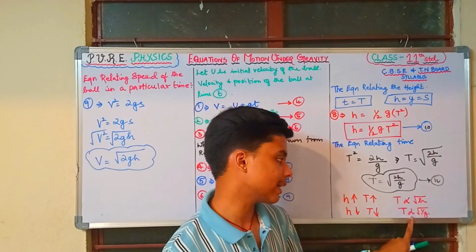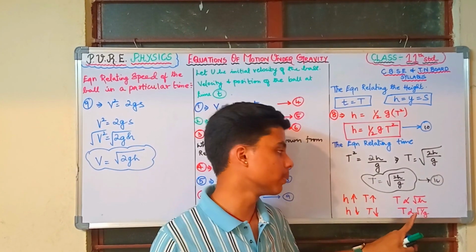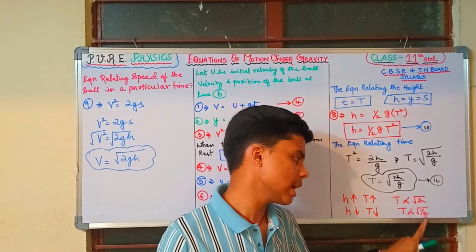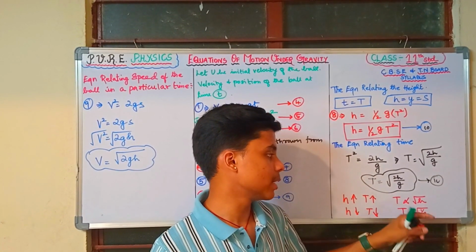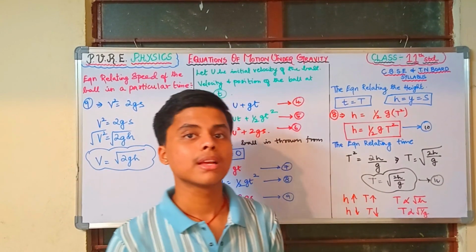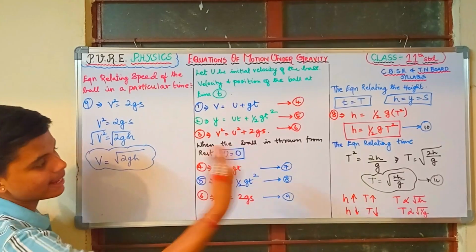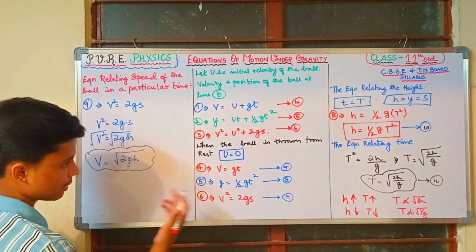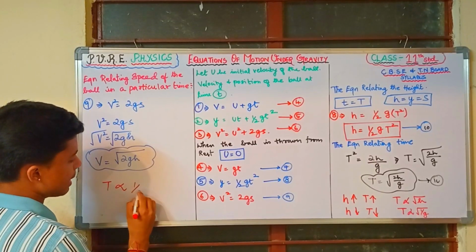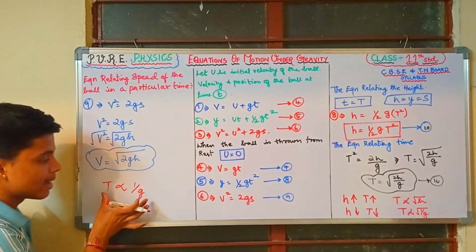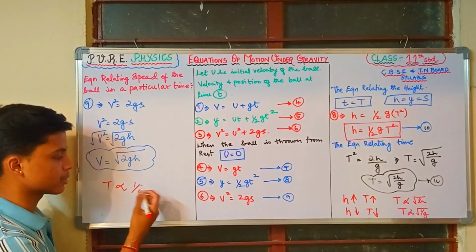When you say time is inversely proportional to square root of g, you should not say time is inversely proportional to root over 1 by g. If I say t is directly proportional to 1 by g, this gives the same meaning as time is inversely proportional to gravity.